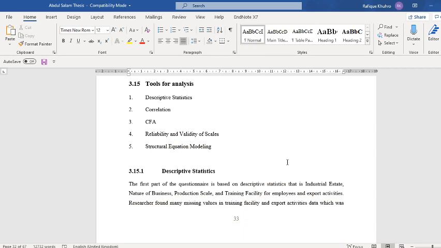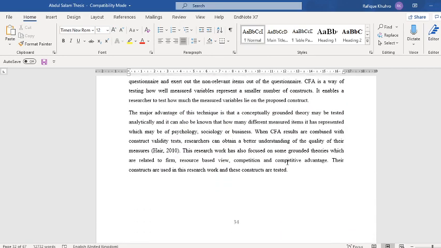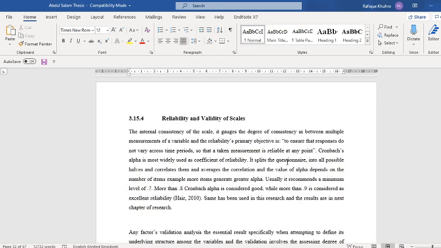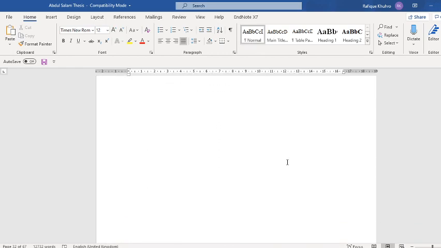These tools have been used. All these tools and techniques have been discussed in depth, how and why they have been used. So this is the thesis format.